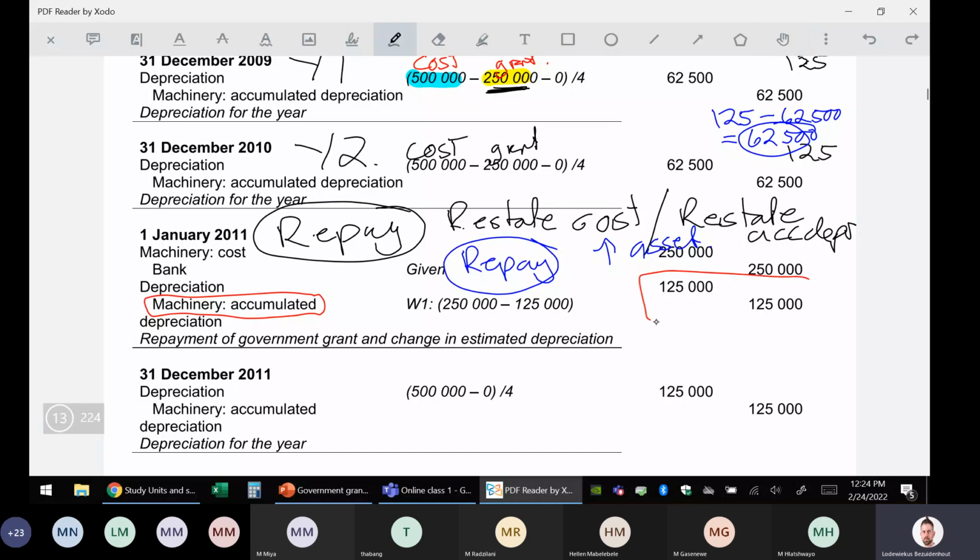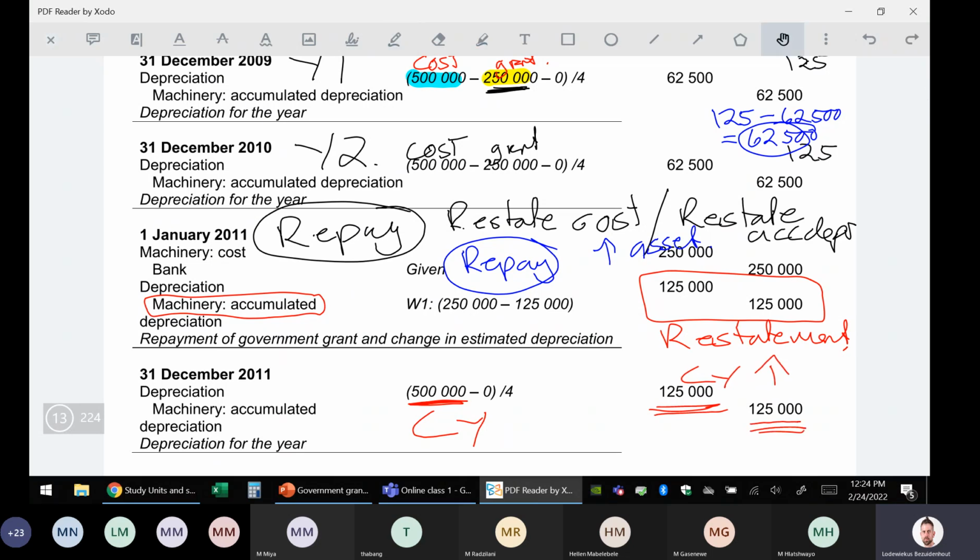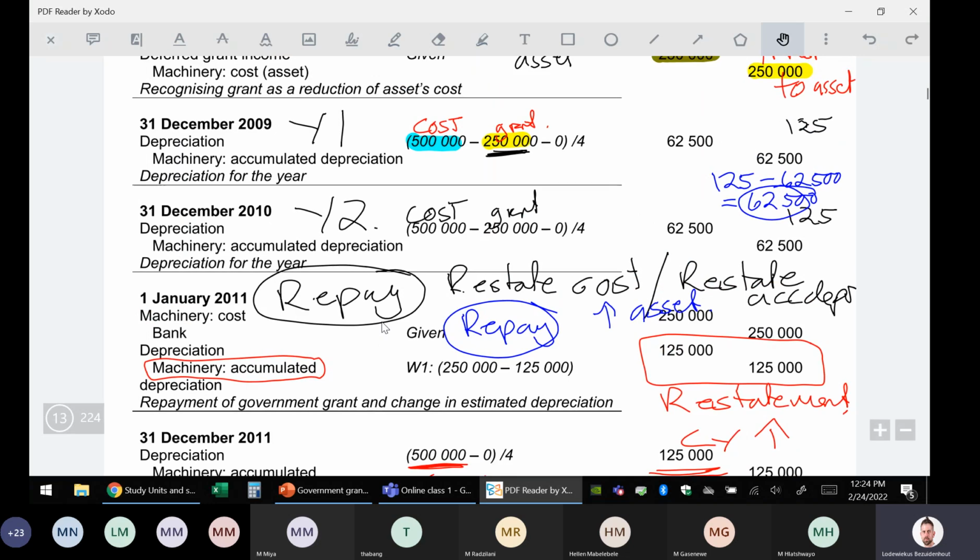So that 125 is the restatement. All right, and then the current year, can you see now the cost is again 500. It's not cost less the grant, and our depreciation in the current year increases to the normal 125 that it should be without having the grant there previously.